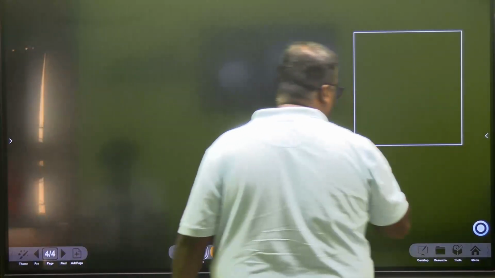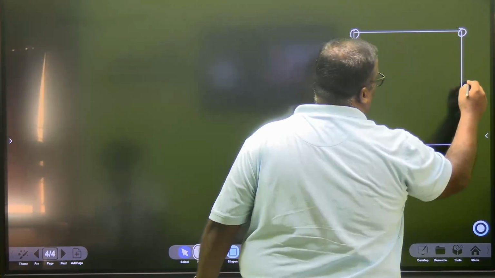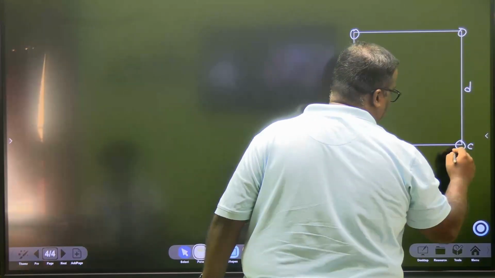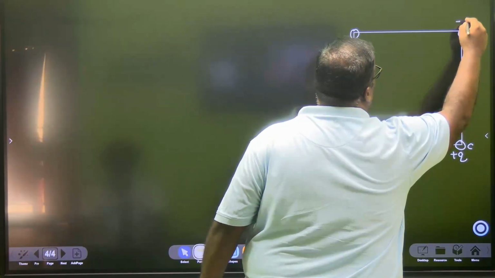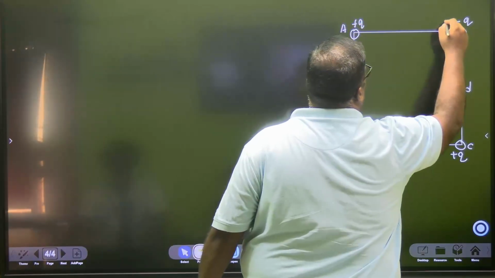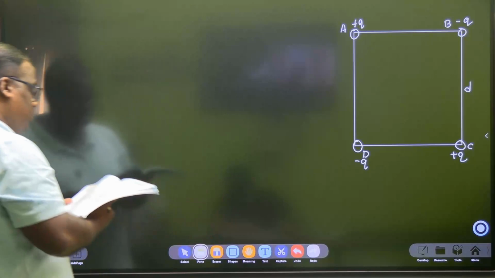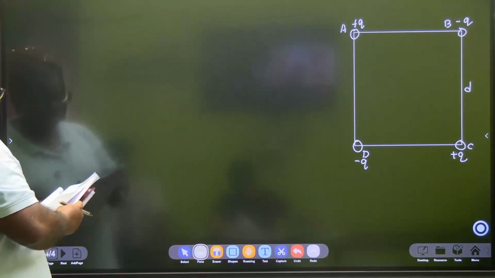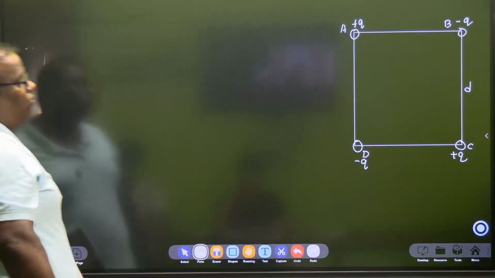Now that you have made this arrangement, the B part says a charge Q naught is brought to the center E of the square.